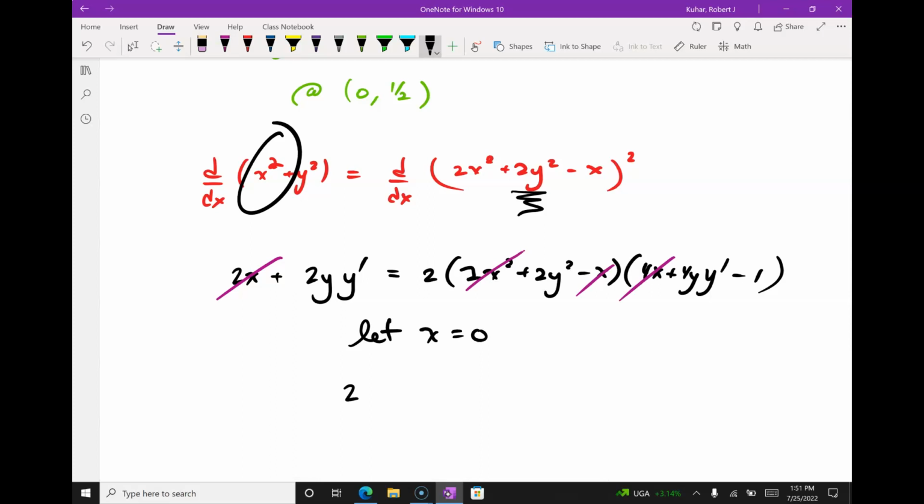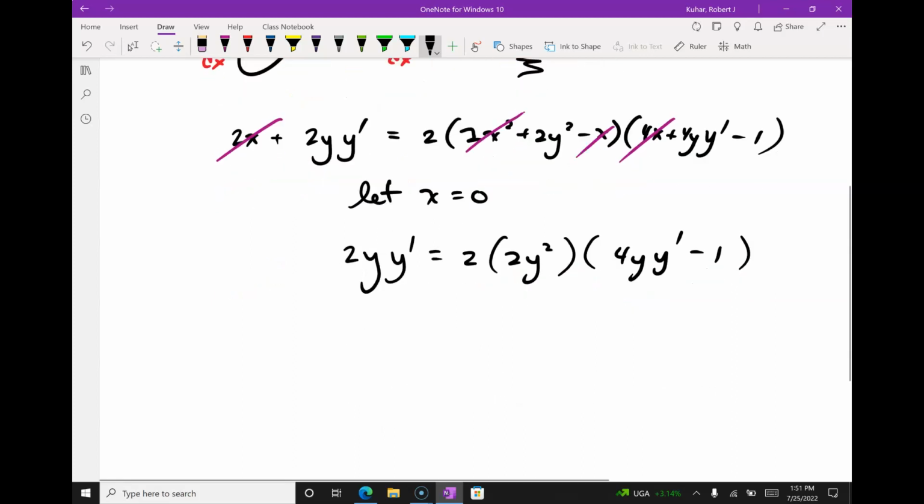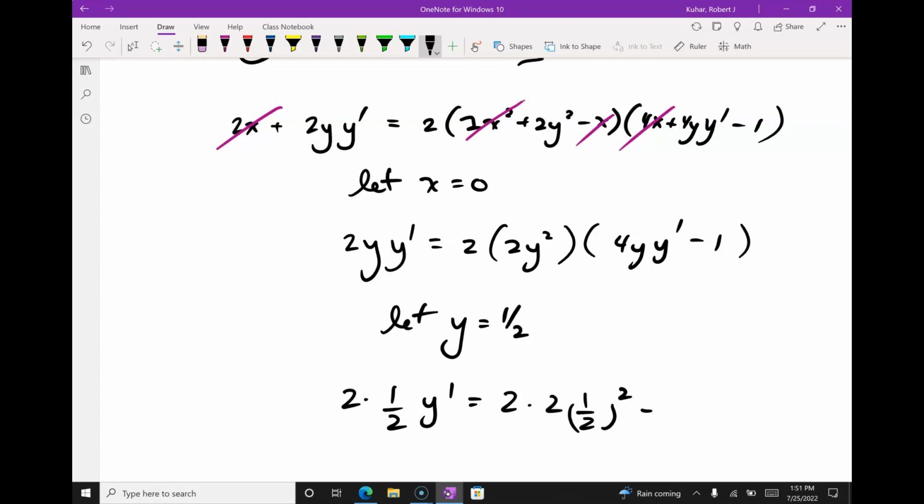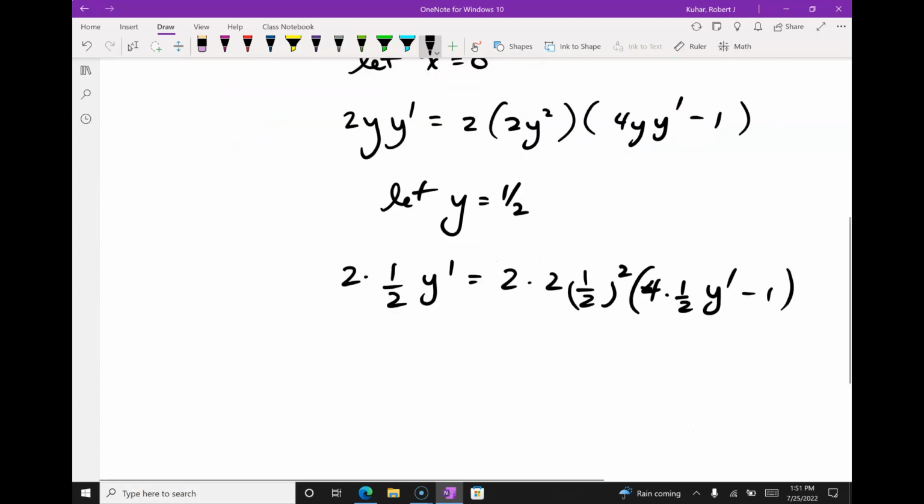If I simplify that, I get 2y y prime equals 2 times 2y squared times 4y y prime minus 1. So I just let all my x's be 0. My y's are 1/2. So I get 2 times 1/2 times y prime equals 2 times 1/2 squared times 4 times a 1/2 times a y prime minus 1.